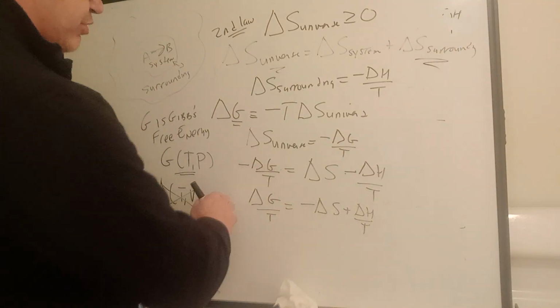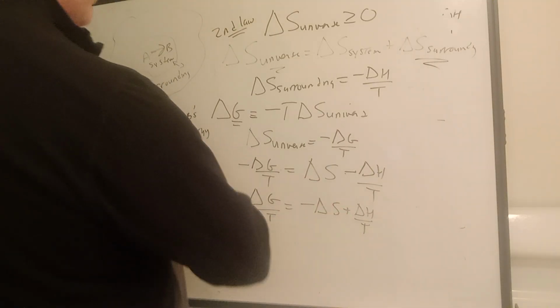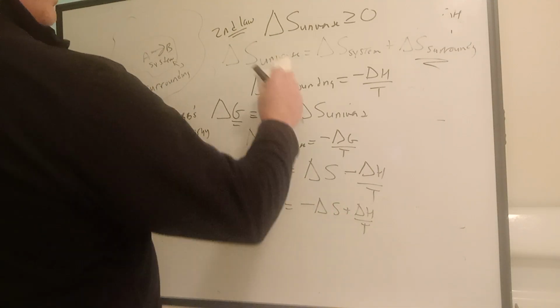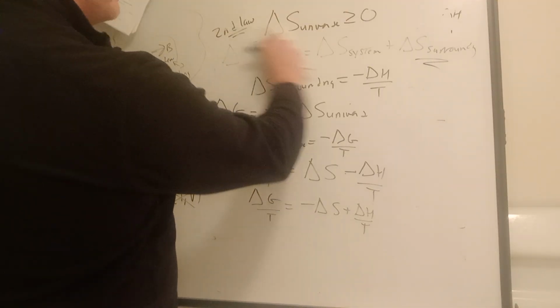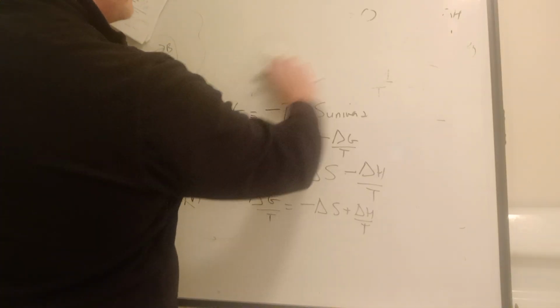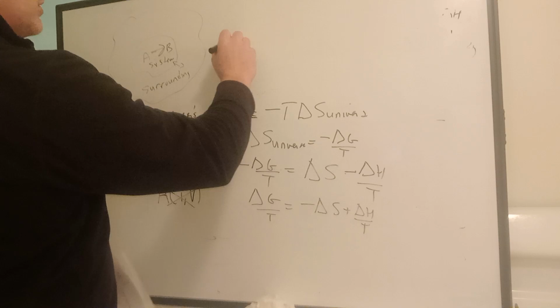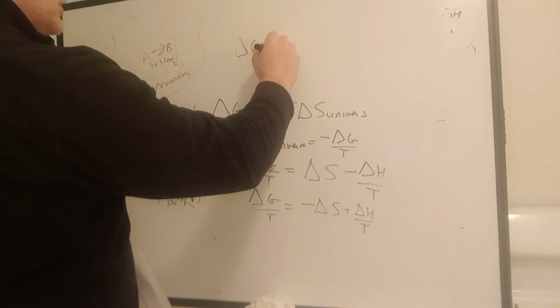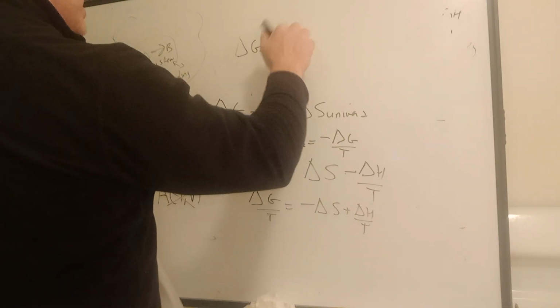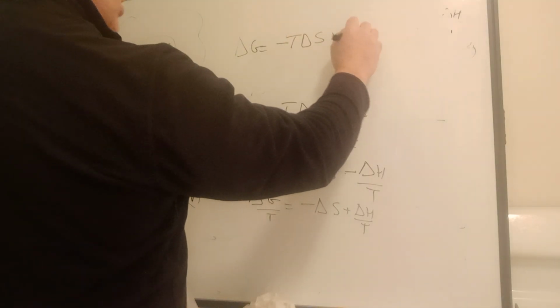T's in the denominator. Let's just multiply by T. That's going to give us, let me just write it up here. So if I multiply through by T, I get delta G is equal to minus T delta S plus delta H. Nothing wrong with that.